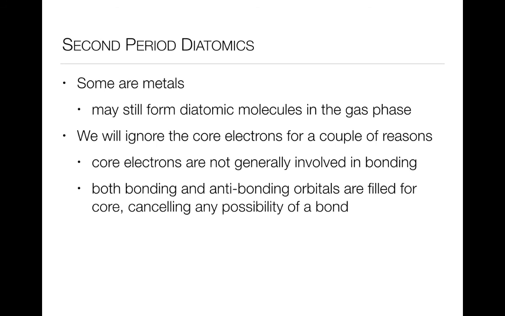So you can look at it a couple of different ways. Some textbooks include all of the electrons for everything they do. Our textbook just includes the valence electrons, and that'll work just fine for us as well.